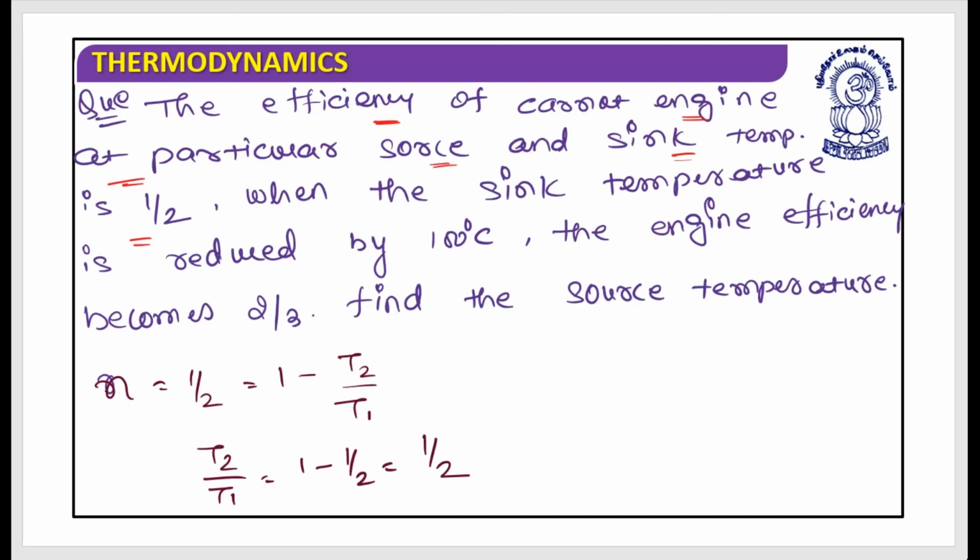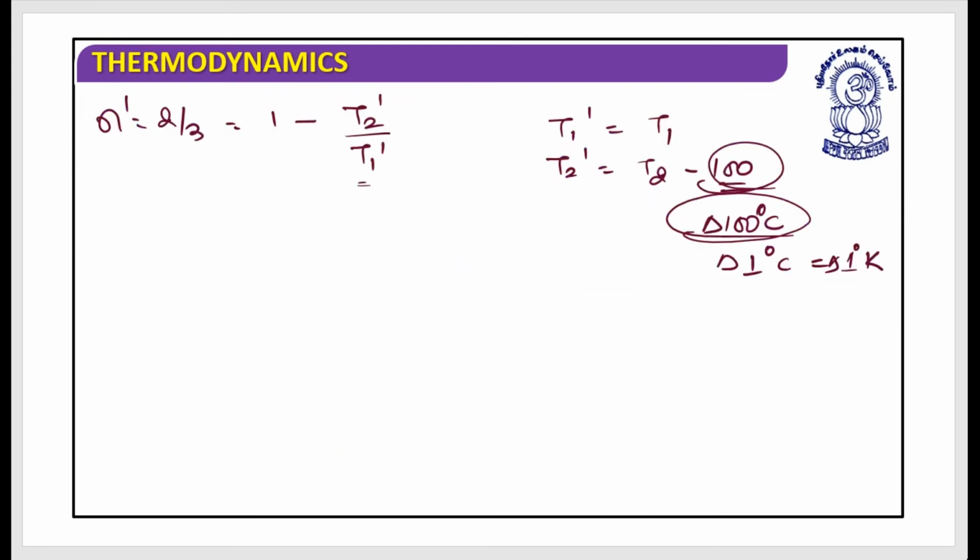Look at this one more time: when the sink temperature is reduced by 100 degrees Celsius, basically they have changed it by 100 degrees Celsius. So this T2 dash would be equal to T2 minus 100, and there is no need to write plus 273 or minus 273 and so on. So this will be 1 minus (T2 minus 100) divided by T1, and this is equal to 2 by 3.